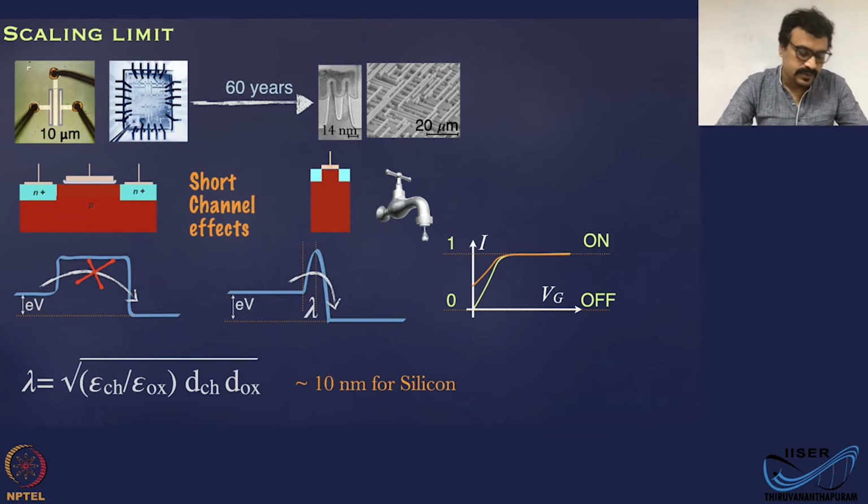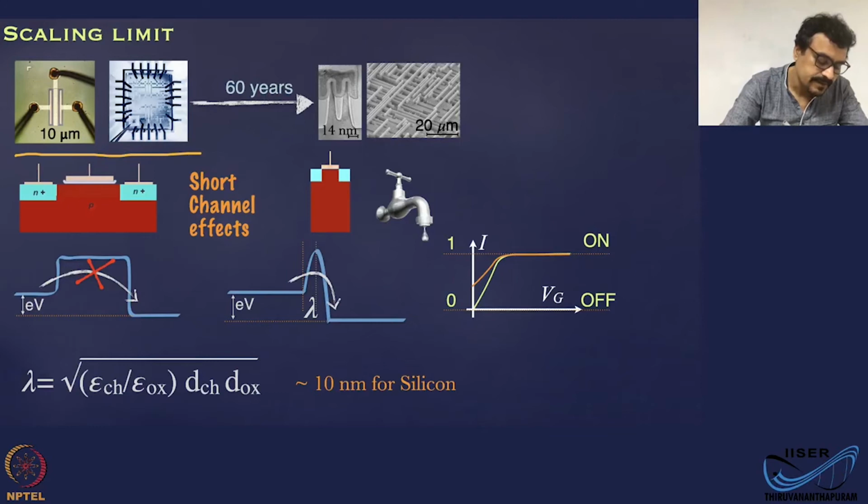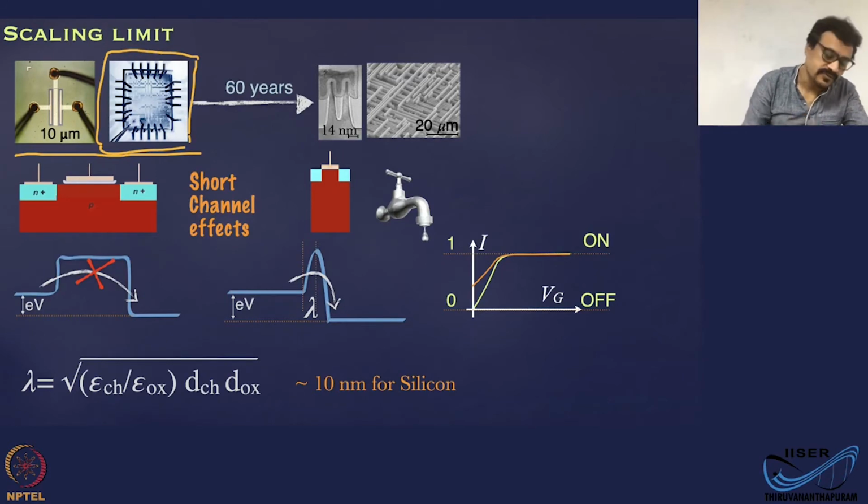Now these MOSFETs, metal oxide semiconductor field effect transistors, have revolutionized the semiconductor industry. So what we have here is one of the first MOSFETs and a small integrated circuit which comprises 16 MOSFETs, which was made something like 60 years back, late 60s.